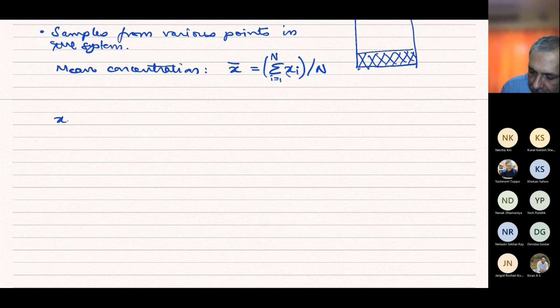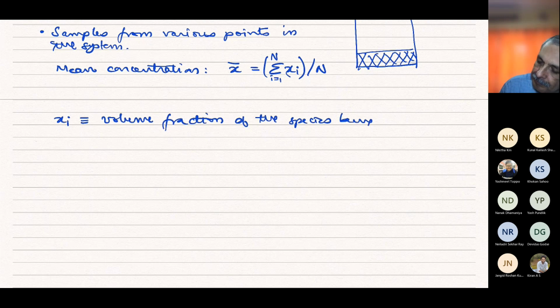So xi could be anything. So it could be either volume fraction of the species being mixed, let's say black, or number fraction of the species, and so forth.